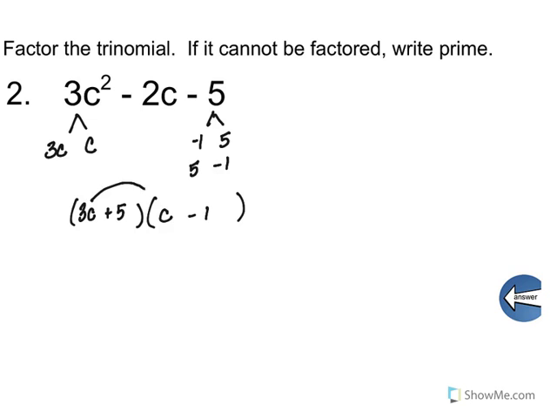So 3c times c gives me 3c squared. 3c times 1 gives me negative 3c. 5 times c is 5c. And 5 times negative 1 is negative 5. So I know that I'm really close on this one because I have positive 2, and so I need a negative 2.